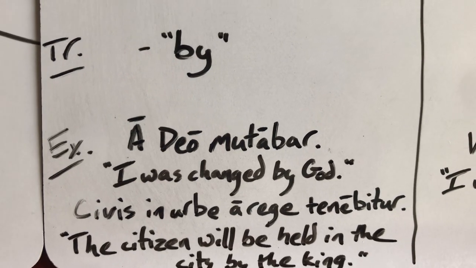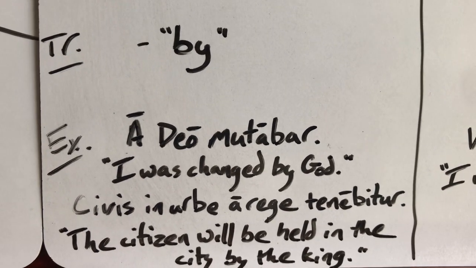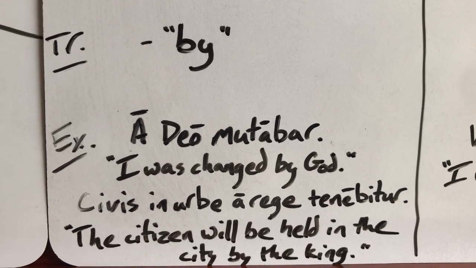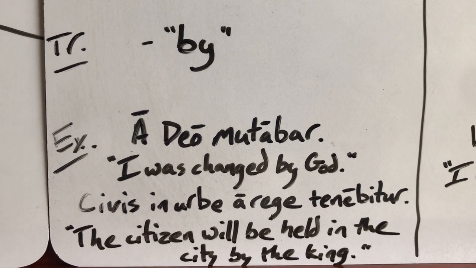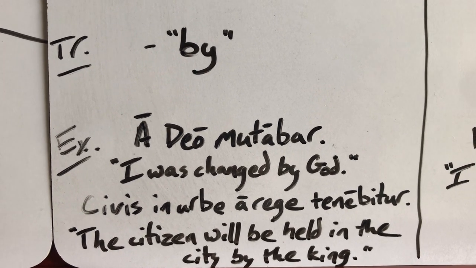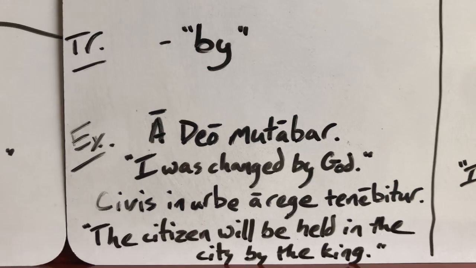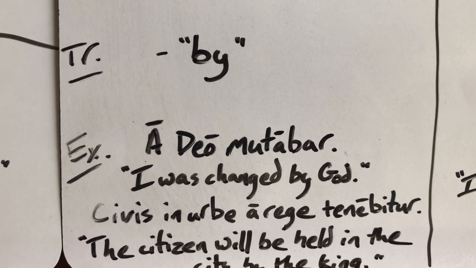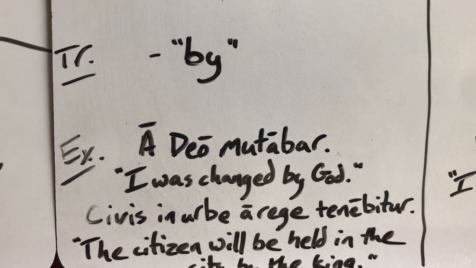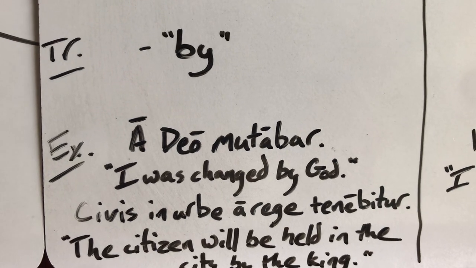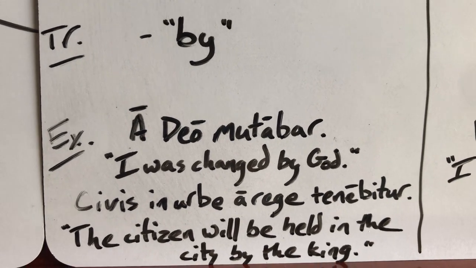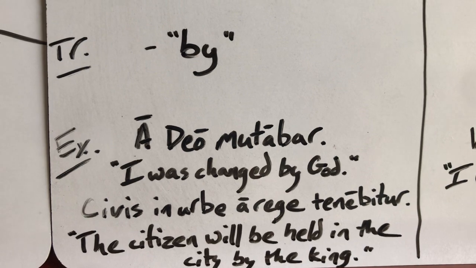Tenebitur, that's our passive verb. And then we have the preposition a. So the citizen will be held by the king. You'll notice in both of these sentences, our subject is not doing anything. I am not doing anything. The citizen is not doing anything. So you need that ablative of agent to tell you who is doing the action.